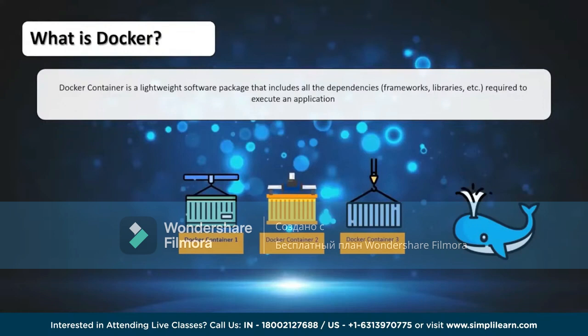So it's a complete package. Both the source code and the dependencies are what you put inside the Docker containers. Within these Docker containers, you can have multiple applications, multiple programming languages, and multiple frameworks hosted. In fact, databases can also be hosted within Docker containers. You can host them as such over there.